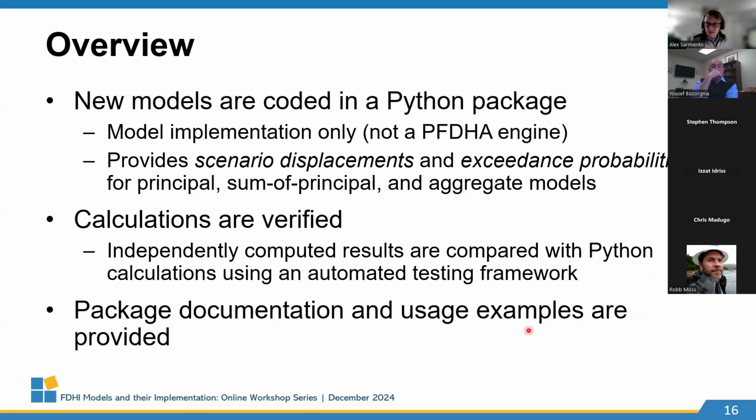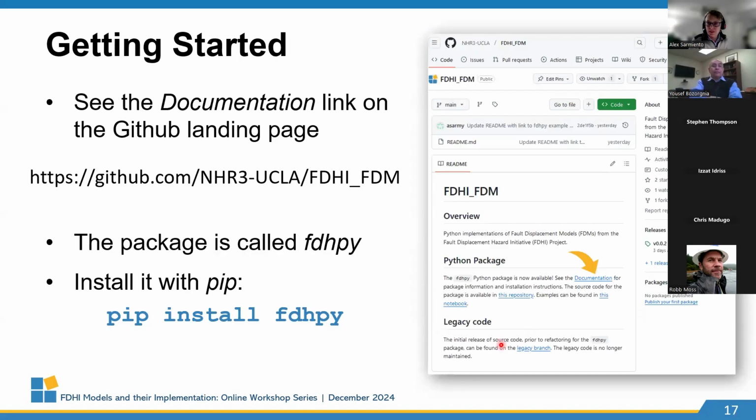So this kind of robust approach to having verified calculations is, I think, a nice feature of this package. And I'll show you on the next slide that we can find some documentation on the package and some usage examples as well online. So there's a GitHub landing page. We'll paste this link in the chat in a moment here, but you can go to this GitHub page and find a link to the documentation. And the documentation will give you the information on the package API.